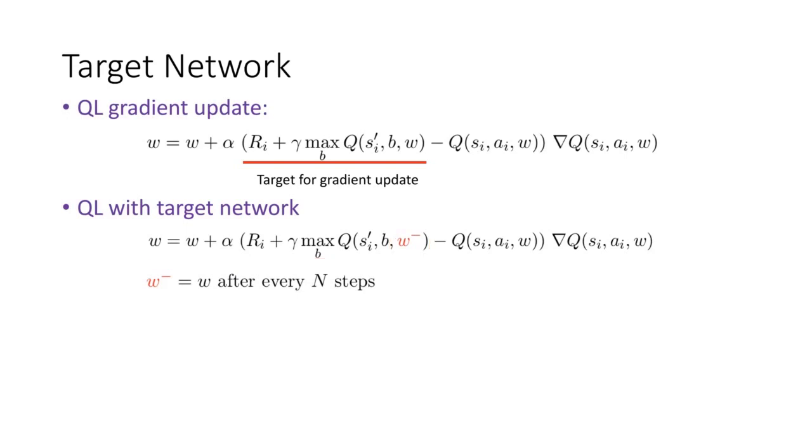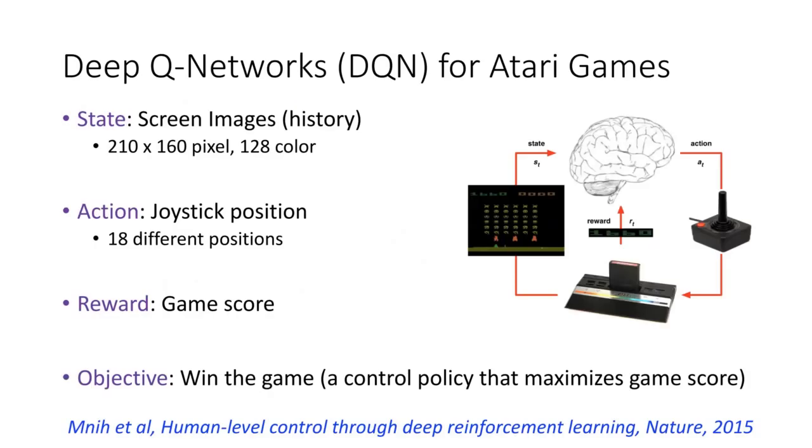So again, mimicking a stable gradient descent algorithm. Keeping W minus the same, you update W, and after every n steps, you update your W minus to the current W, but not at every time step, after some few episodes. That can stabilize the system. So two ideas that we'll be using: the idea of replay buffer and target network.